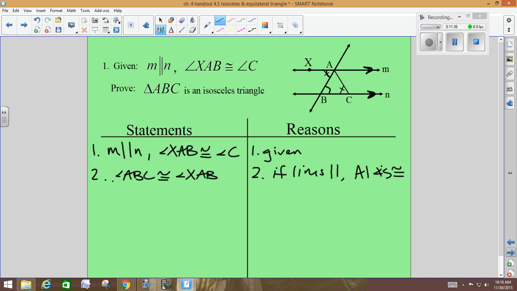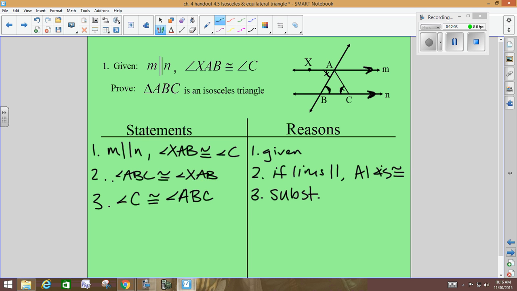So for step 3 then, we can say that angle C is congruent to angle ABC by what? Substitution. You could also use transitive here because they both are congruent to the same thing, so you can eliminate that middleman. So we know then that angle B inside of the triangle and angle C inside of the triangle are congruent to each other.